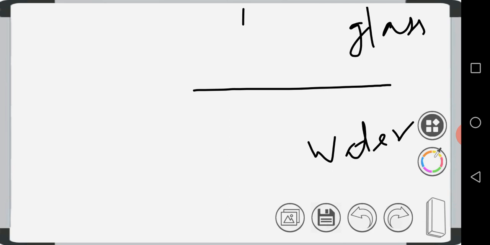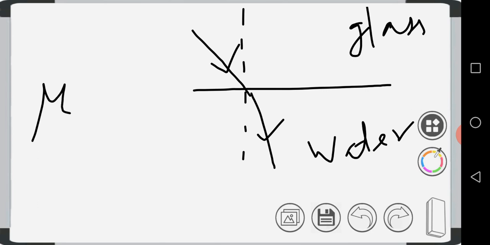Suppose this is the normal, and this is the incident light, reflected light. In this case when you write mu, what should it be? W G, no A, means no air. This is the refractive index of water with respect to glass.